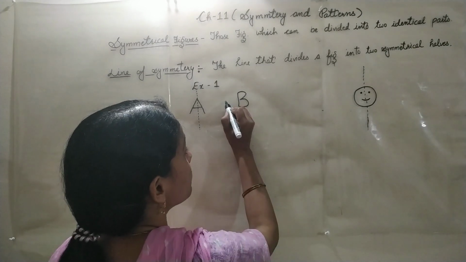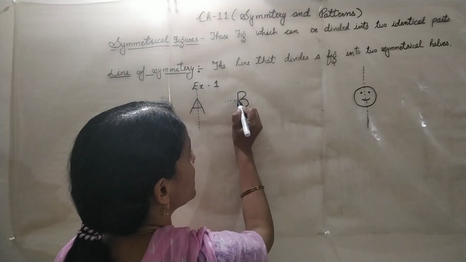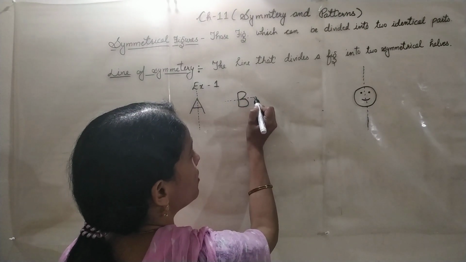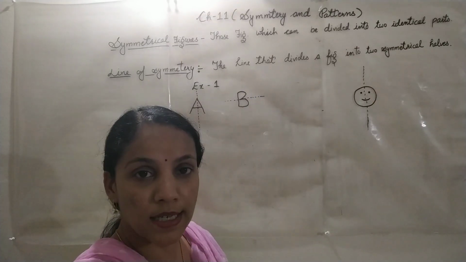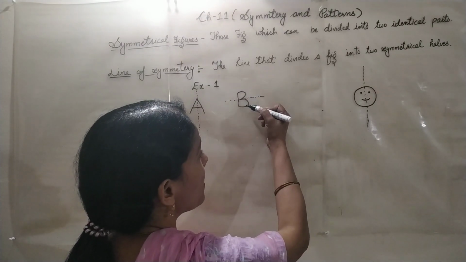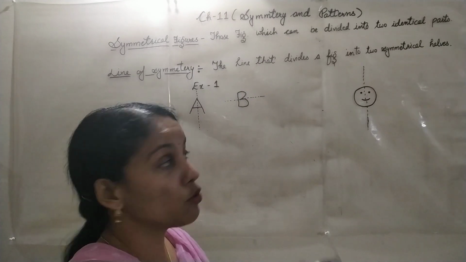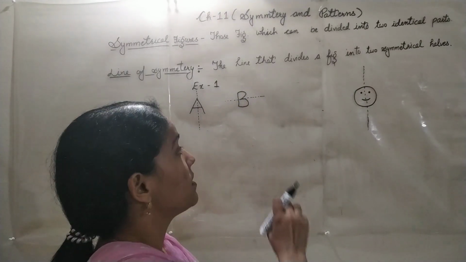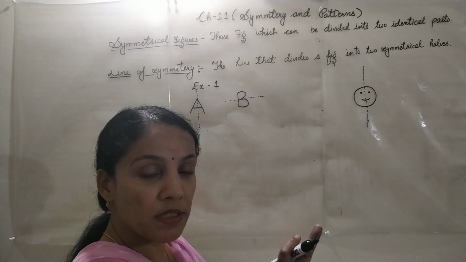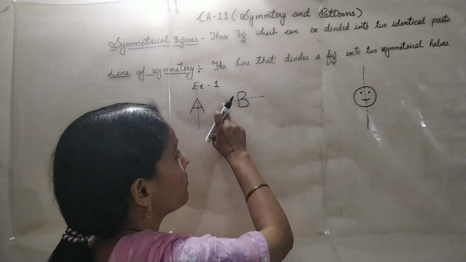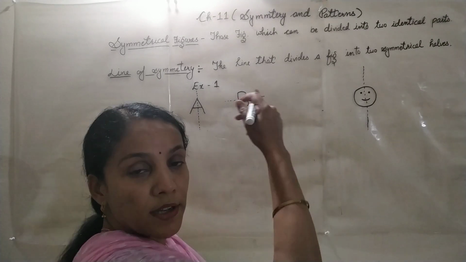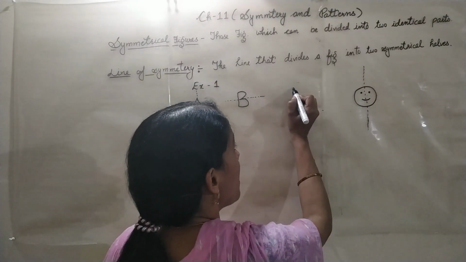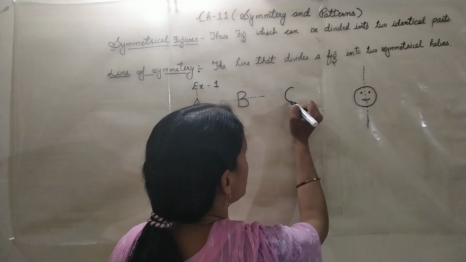If you take this horizontally, from left hand side to right hand side, both the parts are the same. The above part is the same as the below part. So the line of symmetry is drawn horizontally. Only one line of symmetry is here, and we have to draw that from left hand side to right hand side.